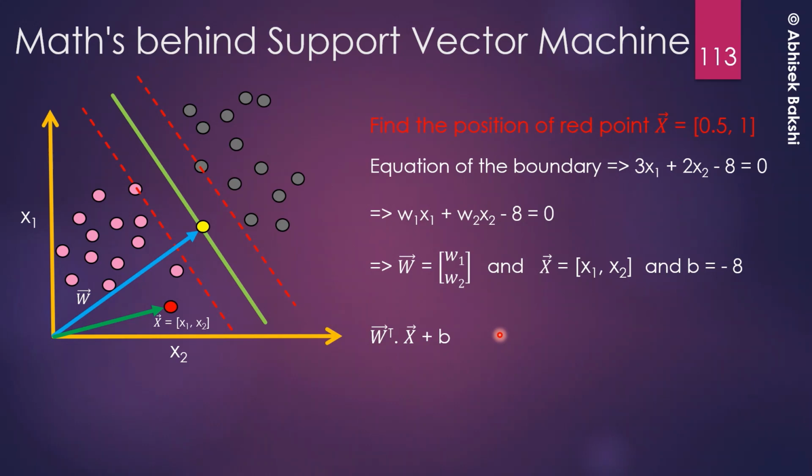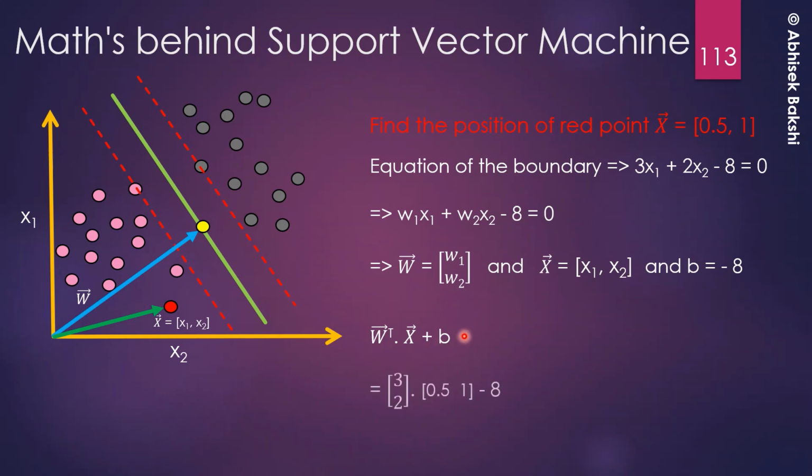Anyway, now I have the values of w, x, b, everything in my hand, right? Because what is w? W means w1 and w2, which means 3 and 2. X means x1 and x2, which is 0.5 and 1, because I want to find out the position of this red point. And I have this b.